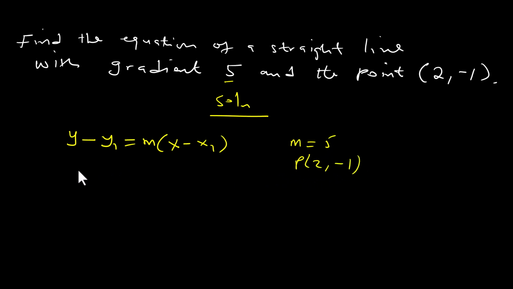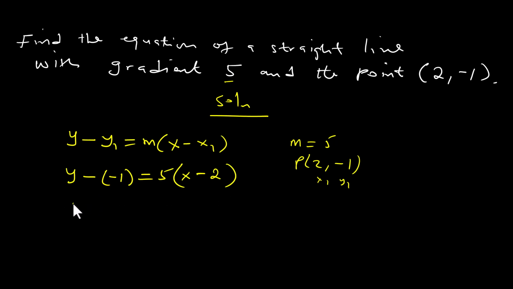Let's call this one x1 y1. So we have y1 as minus 1, m is 5, and x minus x1, where x1 is 2. So let's simplify this.